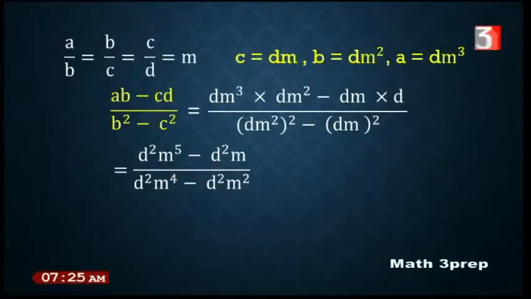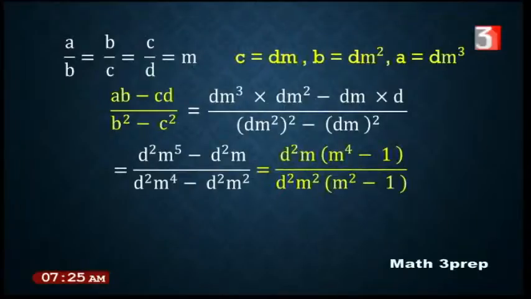By taking the highest common factor for the numerator and the denominator, in the numerator you are going to take a common factor of d to the power of 2 m. Then, open brackets, m to the power of 4 minus 1, over, by taking in the denominator d to the power of 2 m to the power of 2 as a common factor, brackets m to the power of 2 minus 1.